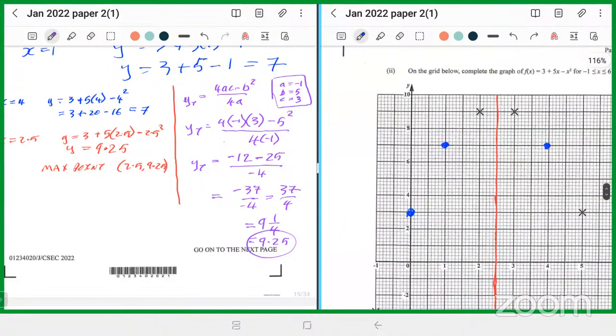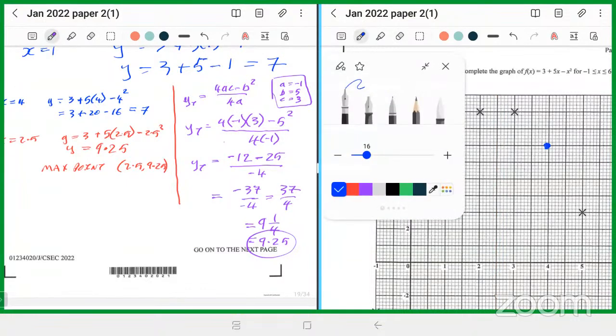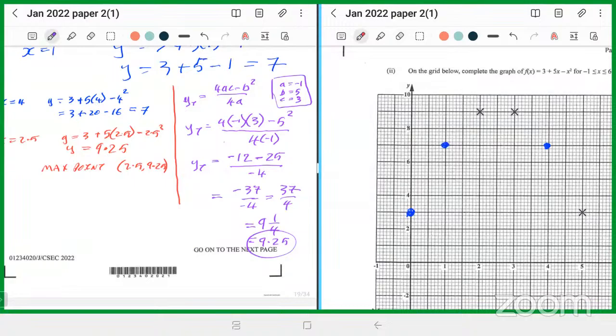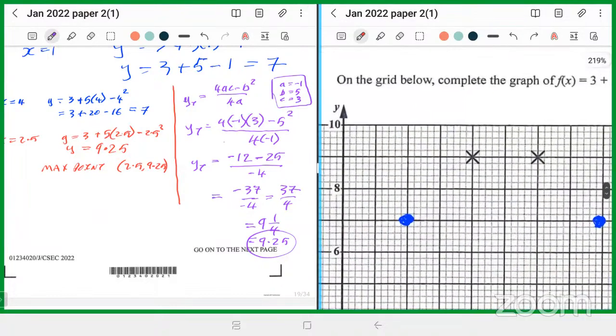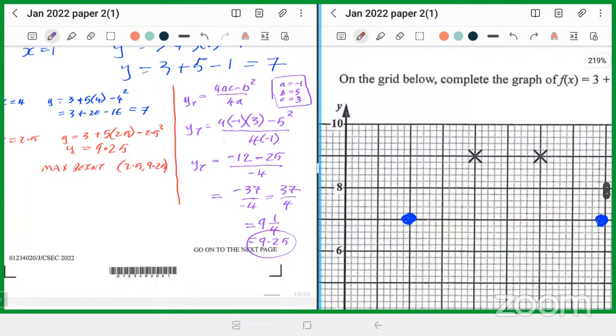So let's put on where that point would be. Let me erase this line of symmetry and put on a point, the vertex, sorry. Let's put on a vertex point. We know it's on this line, but it goes up to 9.25. Let's estimate where 9.25 would be. So right here would be 9.